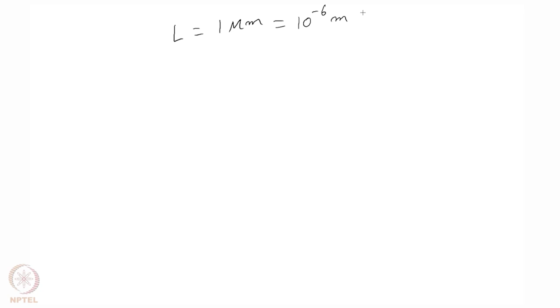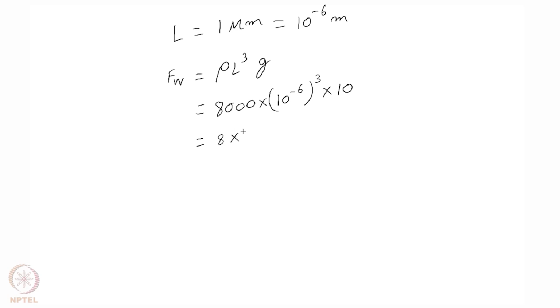So now let us again calculate the weight as well as the surface tension force. So W is equal to rho L cube into g, which is equal to 8,000 kg per meter cube into 1 micrometer cube, means 10 to the power minus 6 whole cube, into g, which is 10, and that gives us 8 into 10 to the power minus 14 Newton.